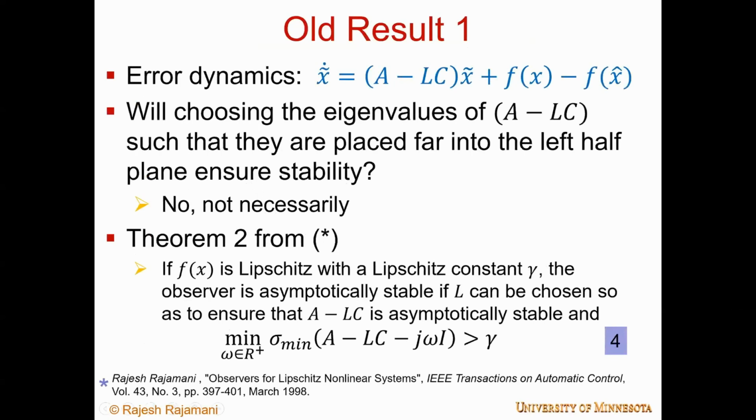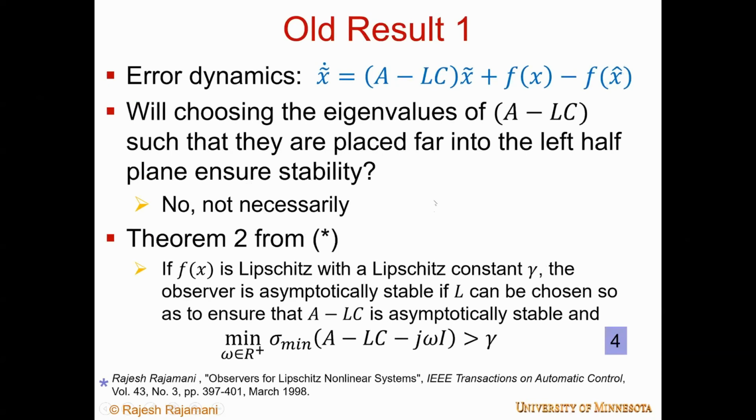Okay, so we'll look at a couple of old results before we talk about LMI-based solutions. So again, the estimation error dynamics is x tilde dot equal to a minus LC times x tilde plus f minus f hat.